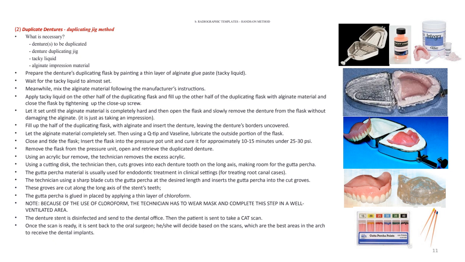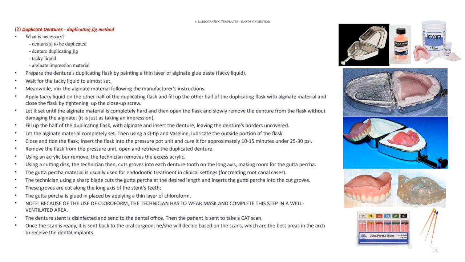We can put a thin layer of Vaseline over the dentures. So the jig has 2 sides that both are going to be filled up with the impression materials. In one side of the jig, first we start applying the tacky liquid.